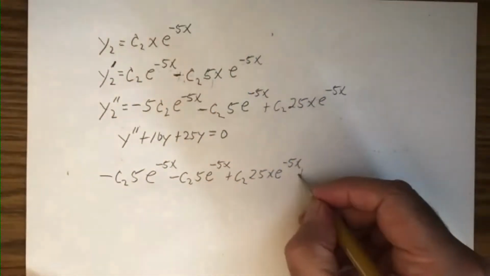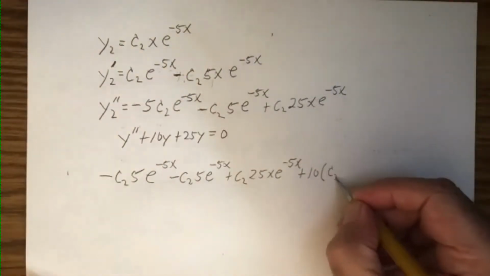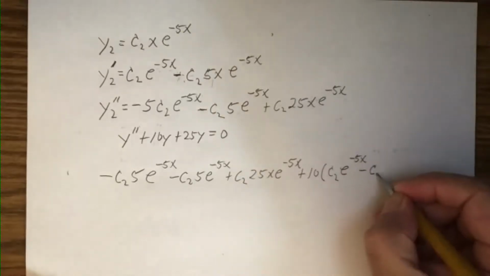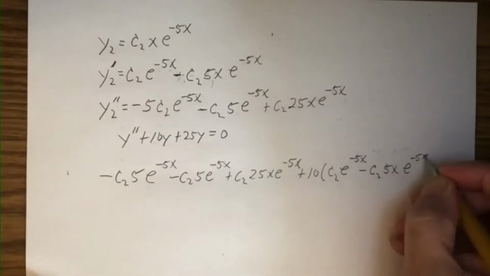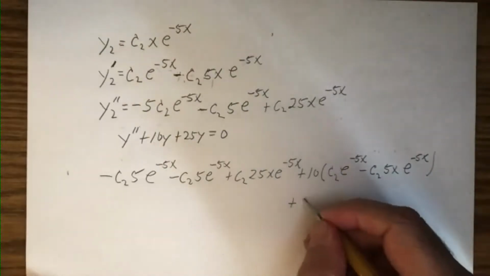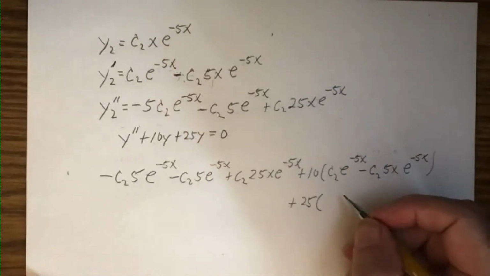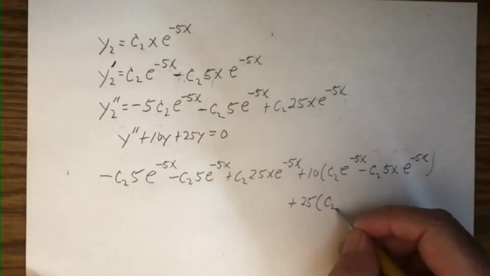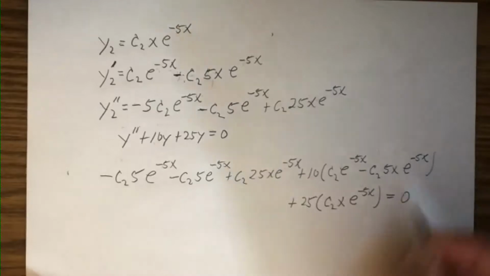Okay, then I got plus 10. Now my y prime is this. And then I got plus 25 C2 x. This whole thing better equal 0.